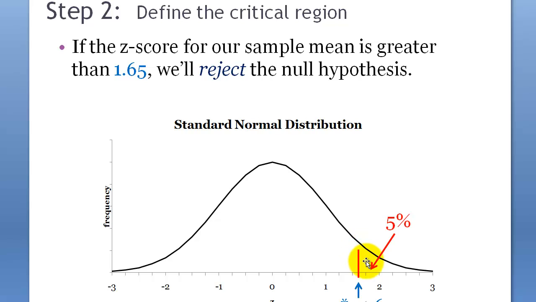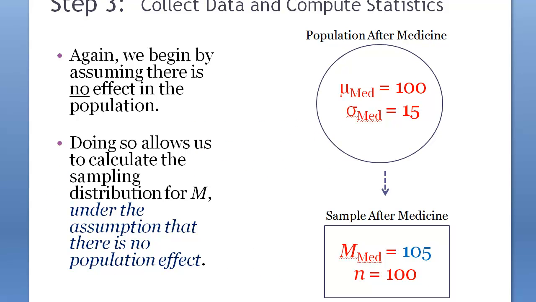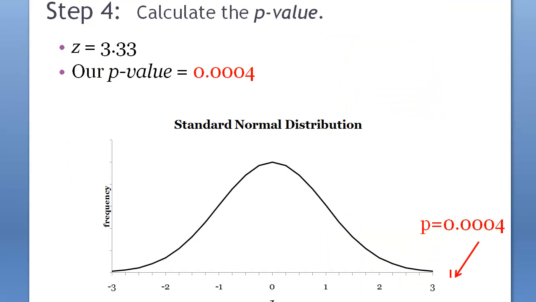But if we go outside this, what it means is that those are rare cases, cases that you won't see from the population with the mean of 100 and standard deviation of 15. So if it falls into this region, we would reject that the population was the same. We're just going through the official formal steps.